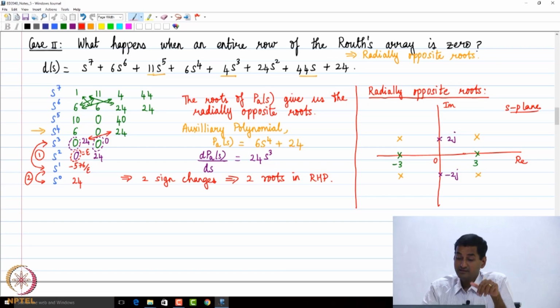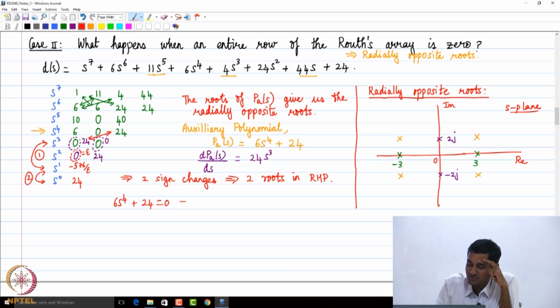And it so turns out that if you solve s power 4 plus 4 equals 0, you will get minus 1 plus or minus j and plus 1 plus or minus j as the 4 roots. If you have a scientific calculator you can solve this, or you can process it as it is.